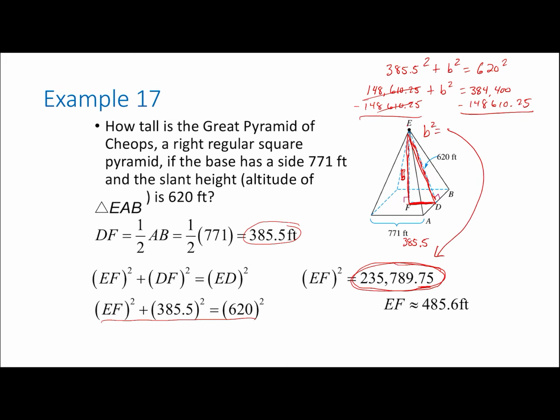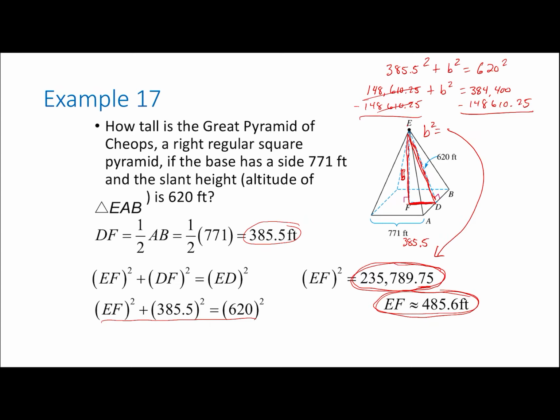And then when you take the square root of that, you get this number. And again, it's an approximation. It is not going to be an exact number, but it does give you a pretty good idea about how tall this pyramid is. So we would say this pyramid's 485.6 feet. And that's an approximation rounded to the nearest tenth.